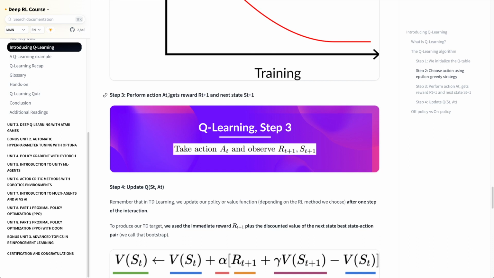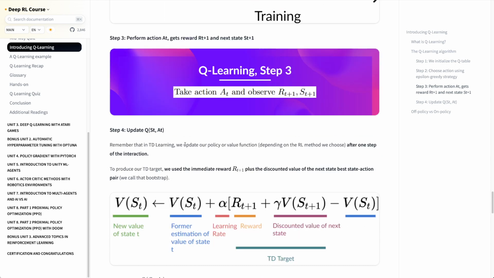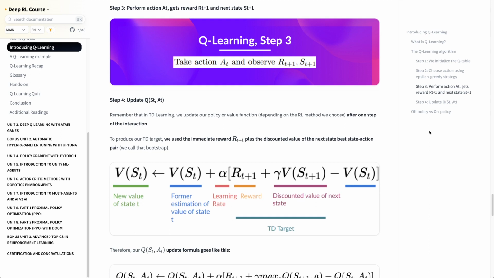So we perform action A at t, get the reward and the next state, right? So we take this action, we are going to observe these things coming for us, and then we update it. So remember that in TD learning, we update our policy or value function, depending on the RL method we choose, after one step of the interaction.